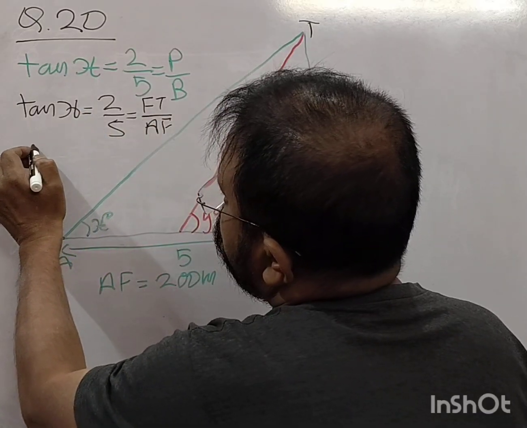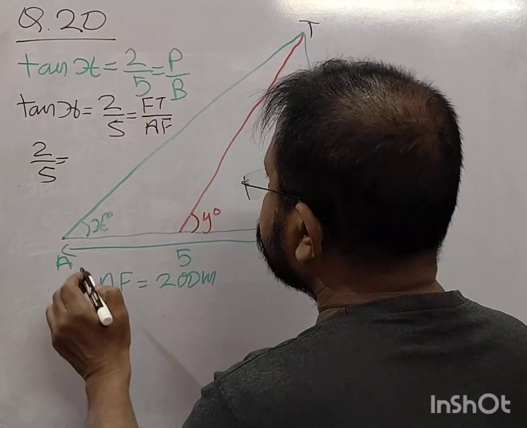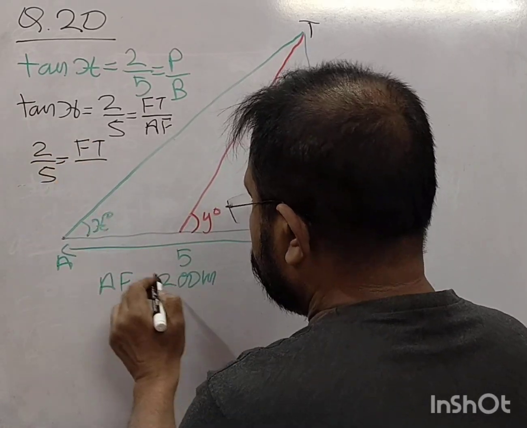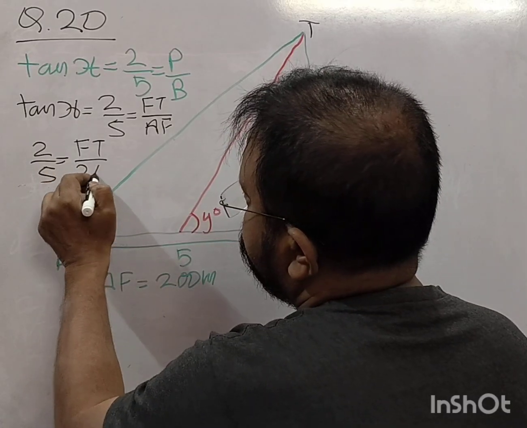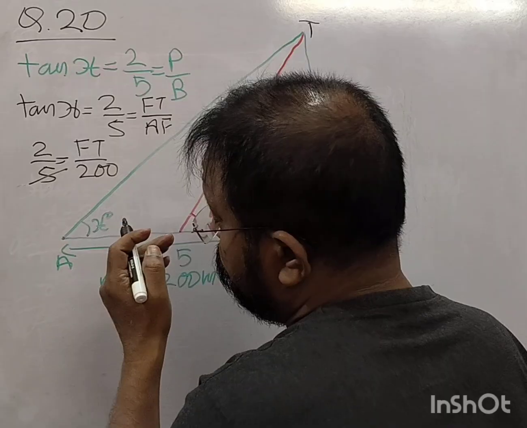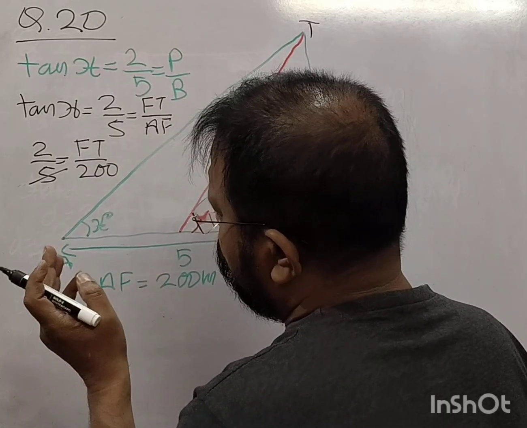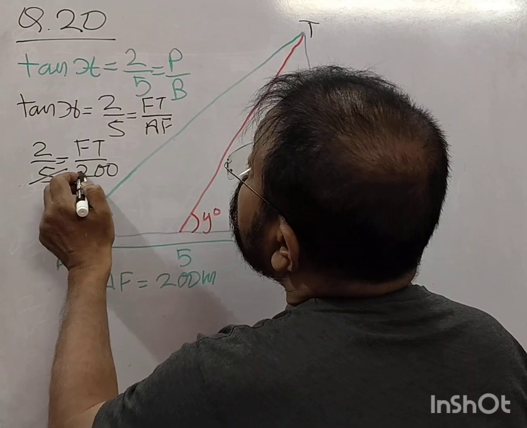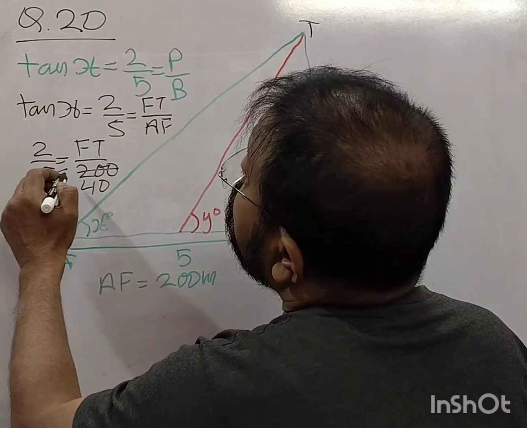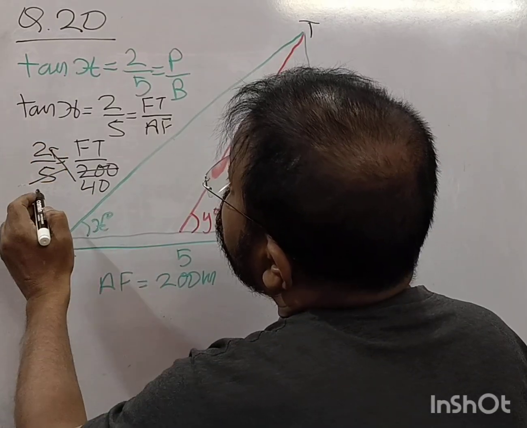So it is 2 upon 5 is equal to FT upon 200. 5 times 4 becomes 20, and cross multiplied, so 2 times 40 becomes 80.